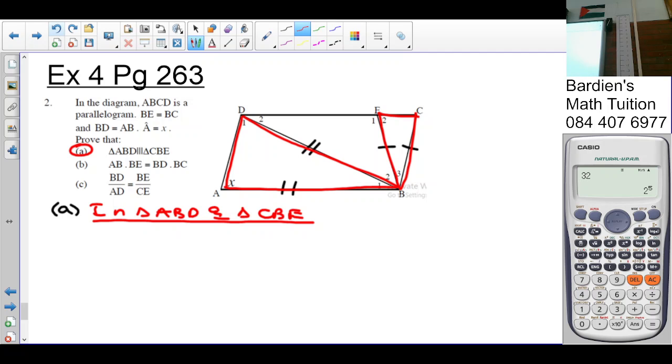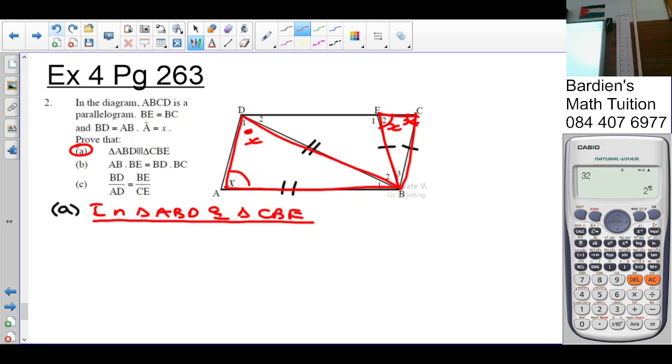But what can we say already about these 2 triangles? We know that angle A is equal to angle C. Not so? Then we know that D1 is the same as x, angles opposite equal sides. E2 is the same as C, which is x, angles opposite equal sides.